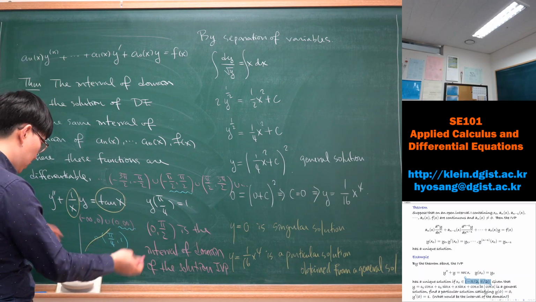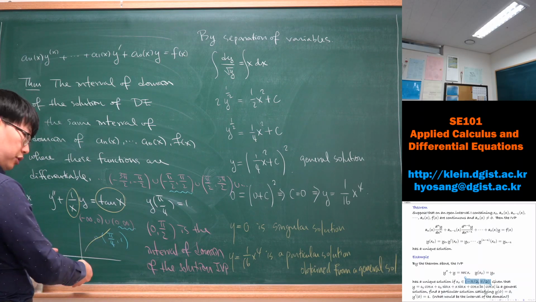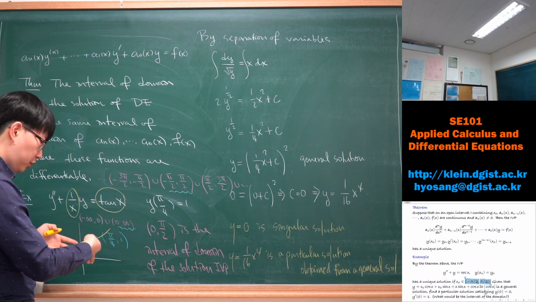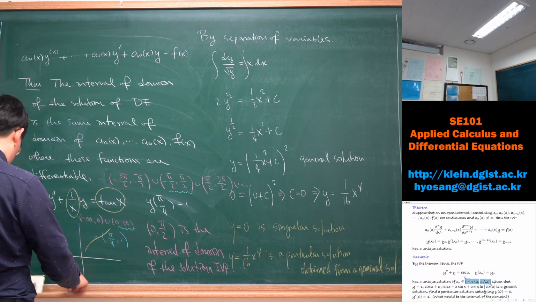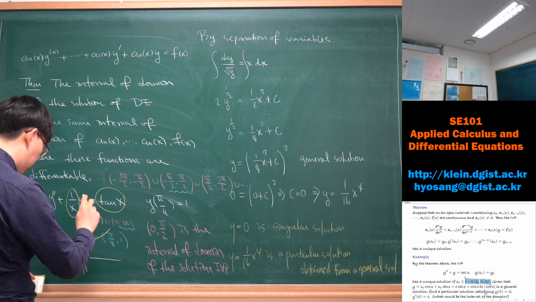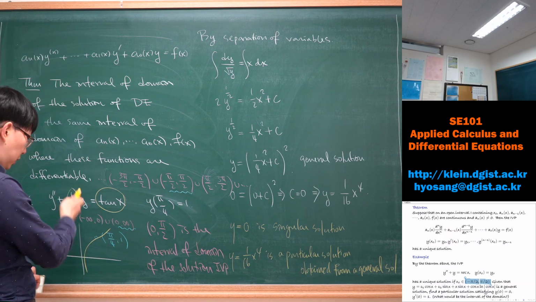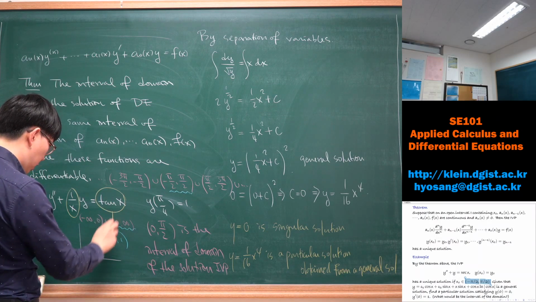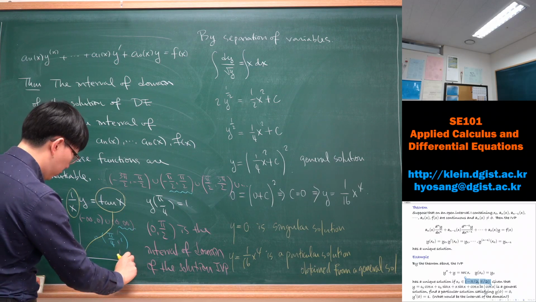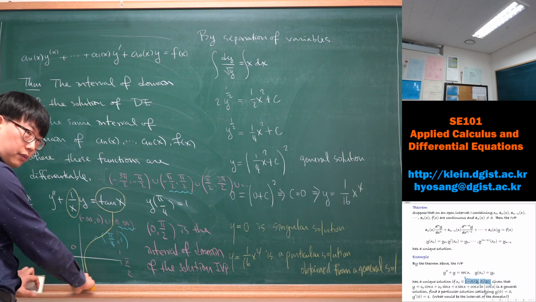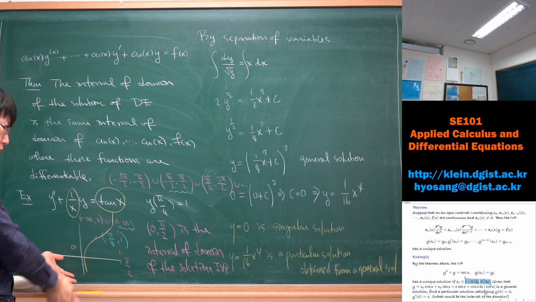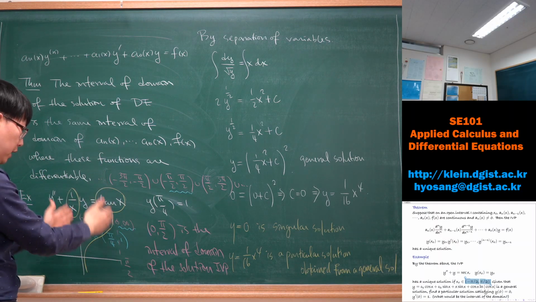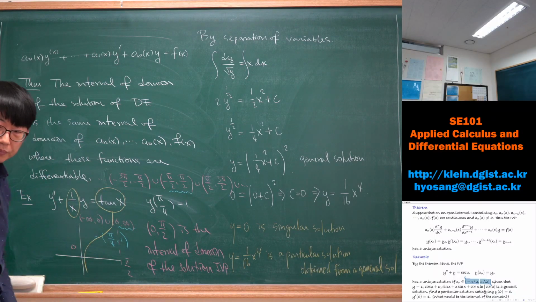The function is not defined at 0, so it either diverges to negative infinity or positive infinity. So I can guess that this solution curve will have an asymptotic line at 0 and another asymptotic line at pi over 2. I don't know whether it goes above or below, but anyway, I know that the solution curve only lies between 0 and pi over 2.